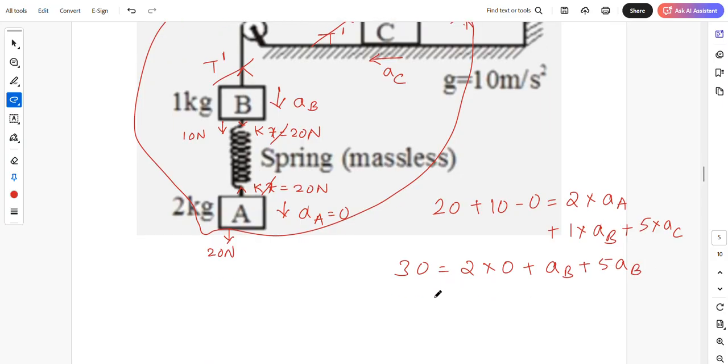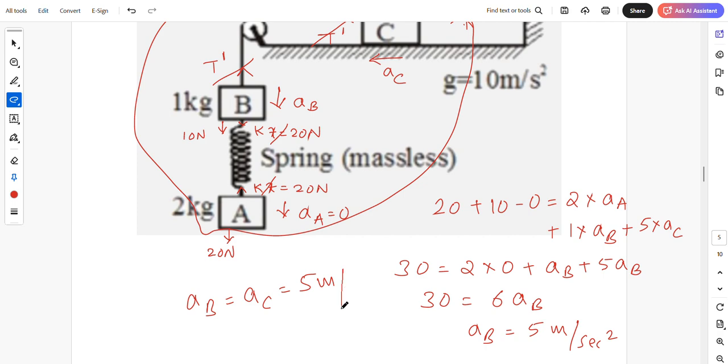30 is equal to 6AB. AB is equal to 30 by 6, which is 5 meters per second square. Similarly, AB is equal to AC, which is 5 meters per second square.